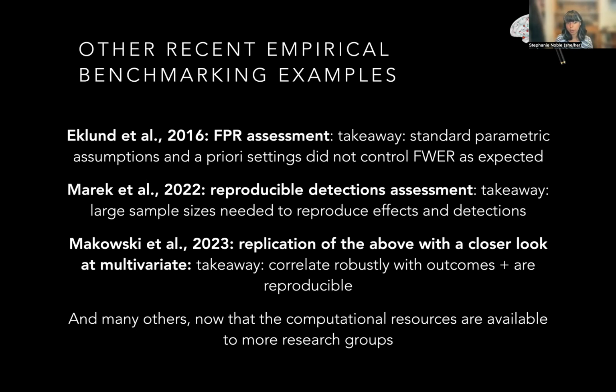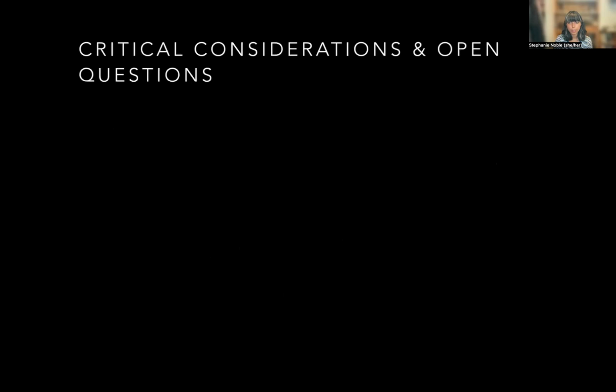Eklund and colleagues showing that we might not control false positive rates, fMRI's error rate specifically, as expected with parametric procedures. American colleagues showing that we may not have as great reproducibility as we might otherwise hope to have. And then a recent variation on that by Makowski and colleagues showing that using multivariate procedures, we may actually get better reproducibility.